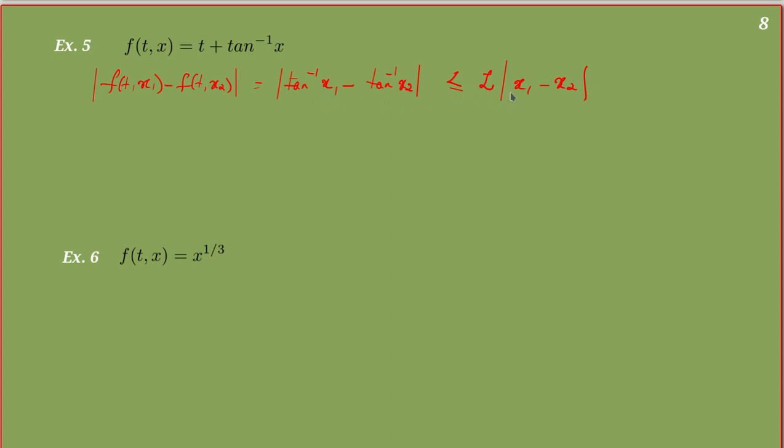Earlier I had written y, but the condition is with x1 and x2. This is less than some constant L times the magnitude of x1 minus x2. So the Lipschitz condition is satisfied for this system.